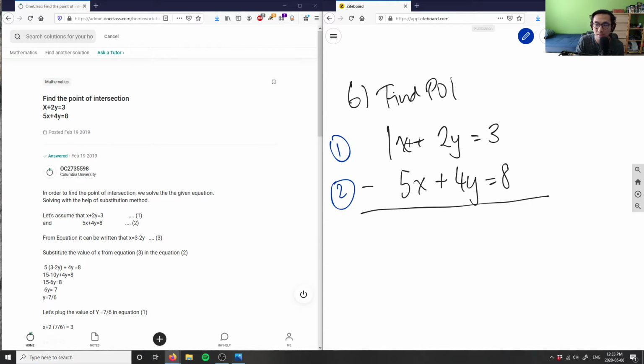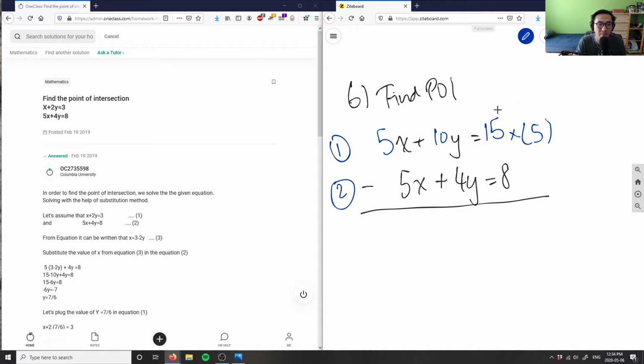So I'm going to have to basically multiply some type of constant to this first equation for me to get 5 here. I want 1 to be equal to 5, so I'm going to multiply everything by 5 here. So I'm going to get these new values, right? This would be 5x, 2 times 5 would be 10y, and then 3 times 5 here would be 15, right?